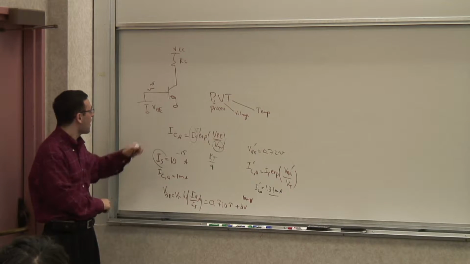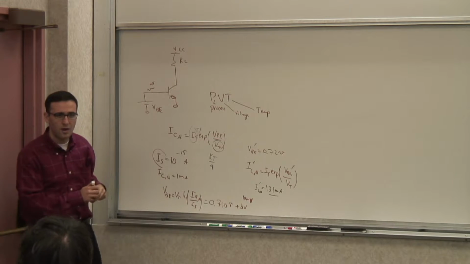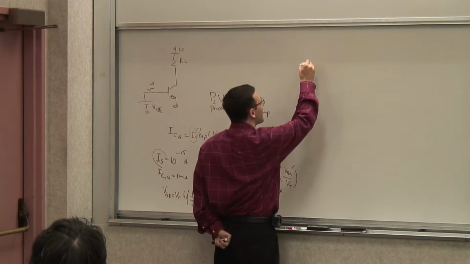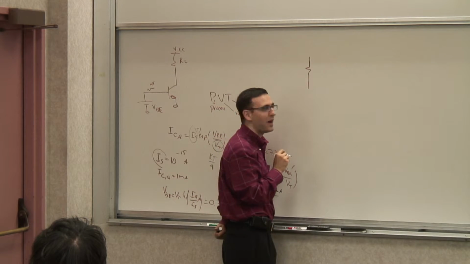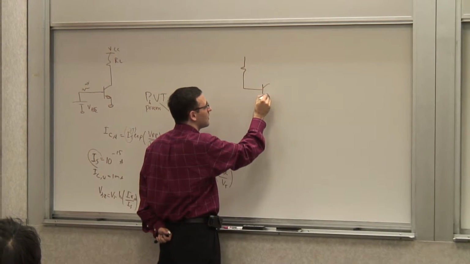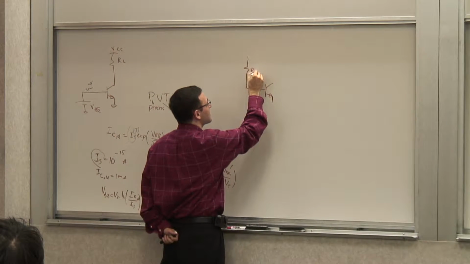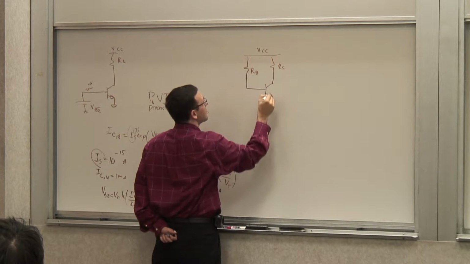The thing is that I'm really trying to determine this current through this voltage. But now, what if I try to establish a current in the base first? How can we establish a current in the base? Well, I can use a resistor, right? So if I use a resistor in the base, let's say this is RB, and this is your RC, and this is your VCC.